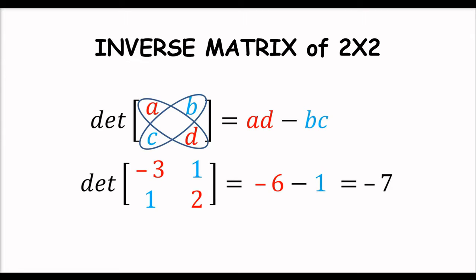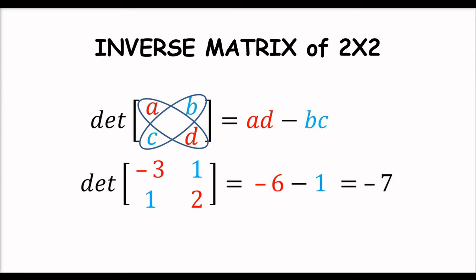Over here, I already showed you the matrix of 2 by 2. A, B, C, D represent the matrix. Why did I color A, D in red and B, C in blue? Because this is the formula to find the determinant. For example, negative 3, 1, 1, 2.